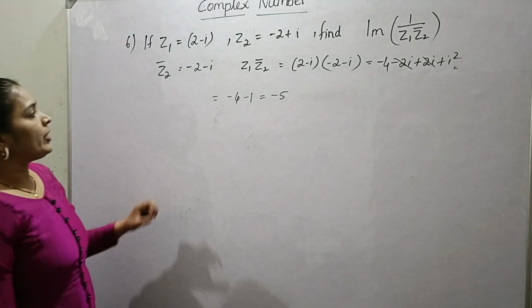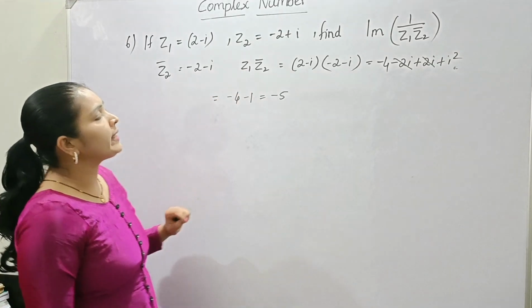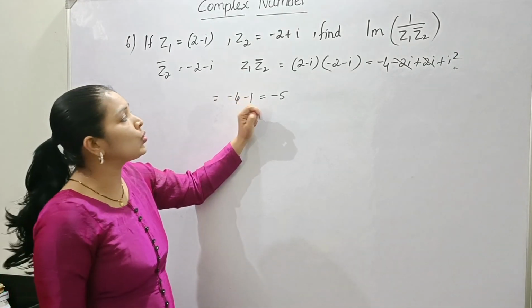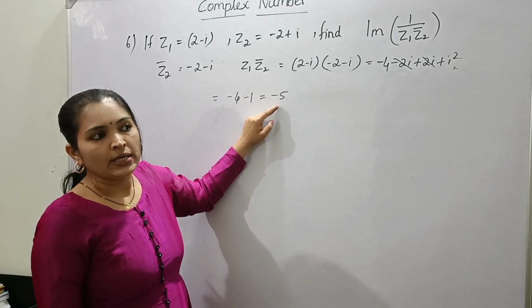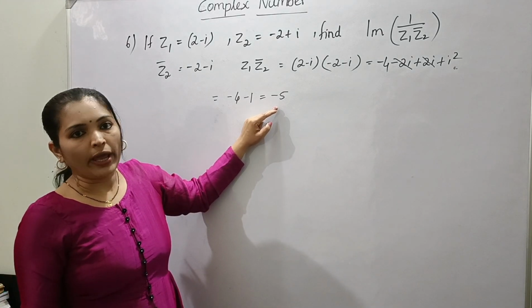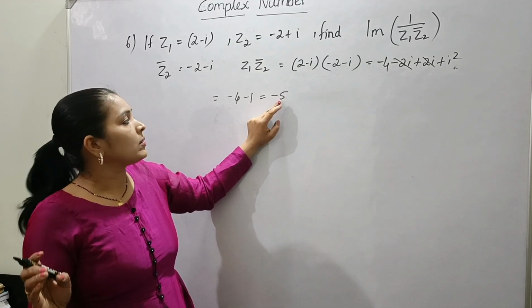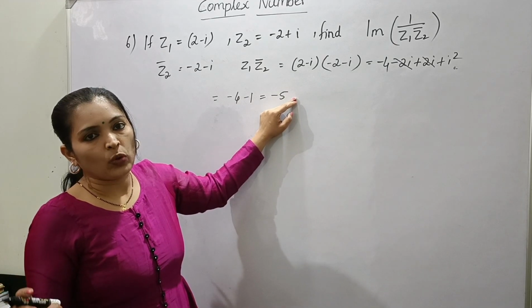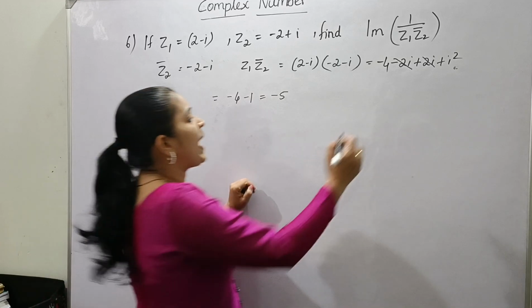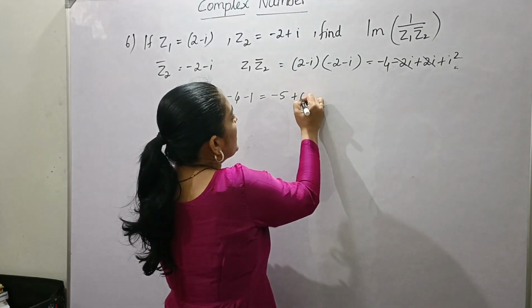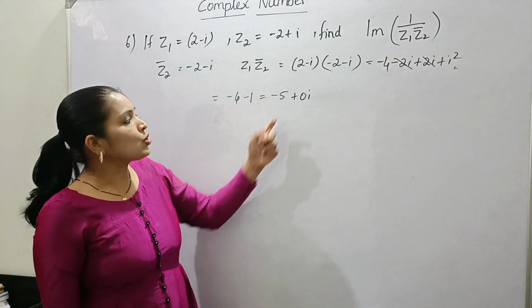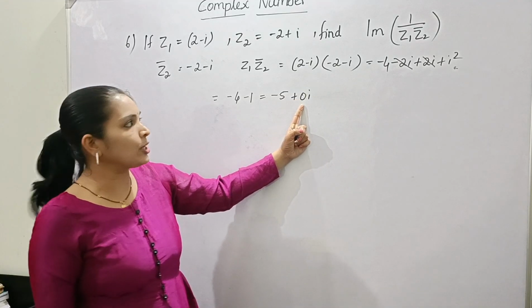See here, z1 into z2 conjugate is minus 5, and it's a real number. We can write a real number as minus 5 plus 0i, right? So here the imaginary part is 0.